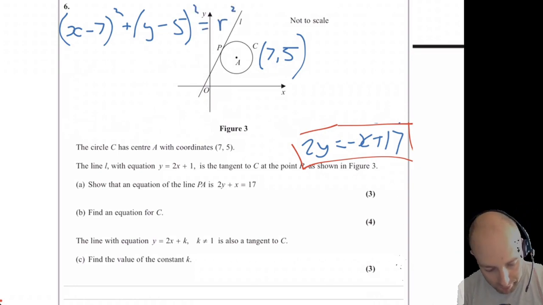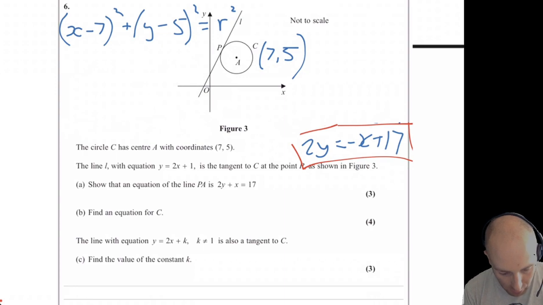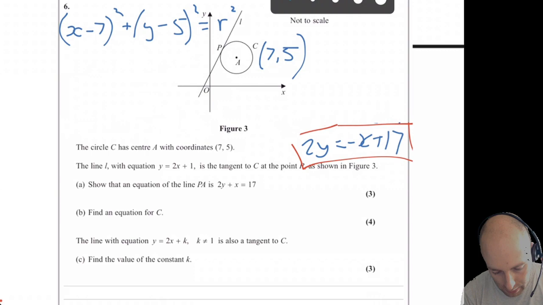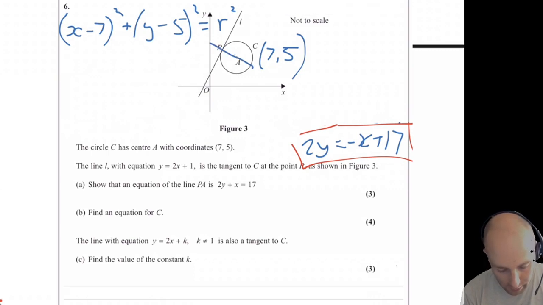Okay, we can find the point P. We'll find point P. So point P is where the PA line we just found and the line we started with meet. So if you find that point, we can use that to find the radius and put it into our circle.